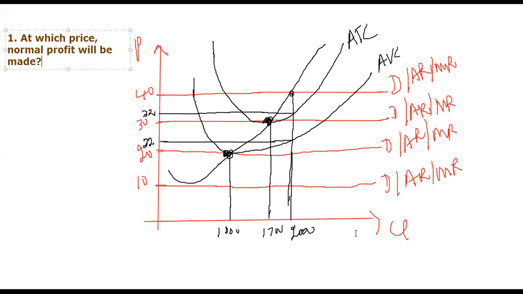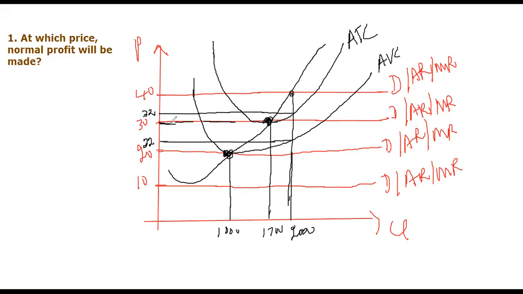But normal profit, you all know, means revenue should be equal to cost. AR should be equal to ATC. So let's see the prices here. 10 rupees, no. 20 rupees, no. 22, no. 30. Now see, at 30 rupees, this is the MR, AR, everything, and ATC is also drawn here.